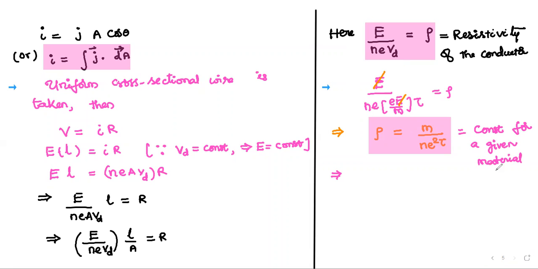Why am I saying specifically for a given material? If the material is changed, n is changed. So if the material is changed, then n, the number of electrons per unit volume, is changed. And what you understood is that for a material only rho is constant.